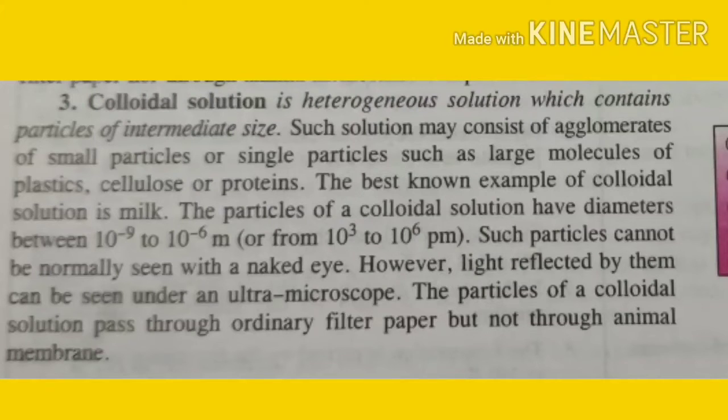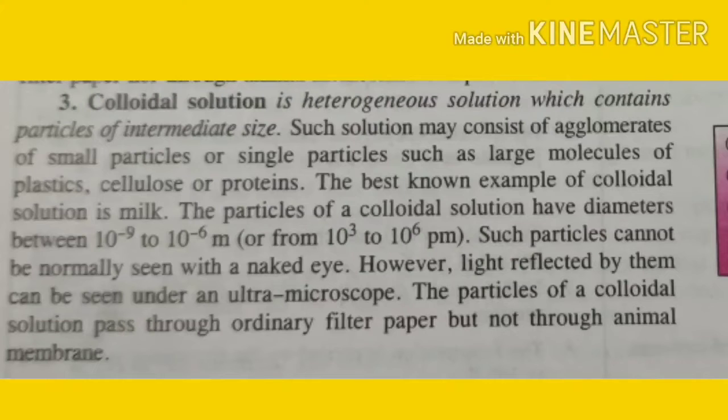The particles of a colloidal solution have diameter between 10 to the power minus 9 to 10 to the power minus 6 meter. Or in nanometer, we can say if the particle size is 1 nanometer to 1000 nanometer, then it forms a colloidal solution. Such particles cannot normally be seen with a naked eye.